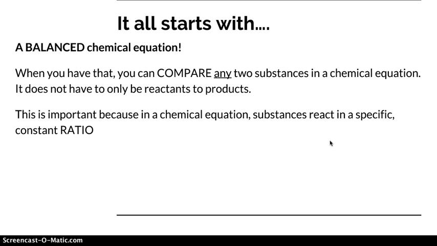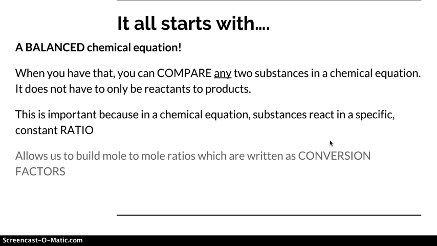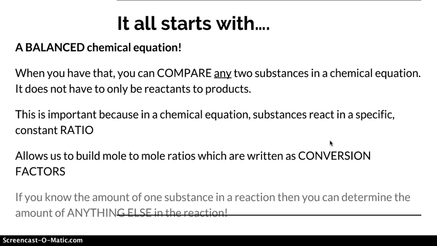This is important because in a chemical equation, substances are going to react in a specific and constant ratio. This allows us to build mole-to-mole ratios, which are written as conversion factors. As long as I know the amount of one substance in a reaction, I can determine the amount of anything else in the reaction.